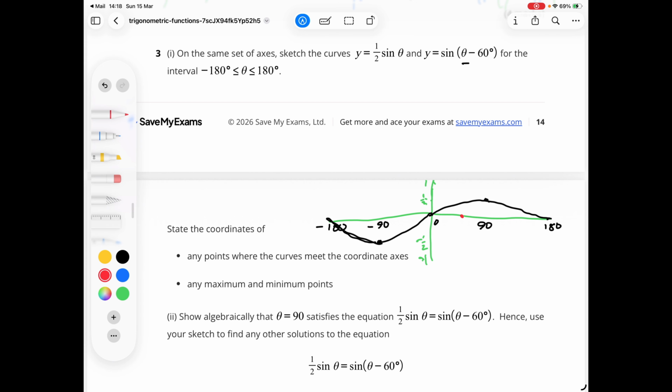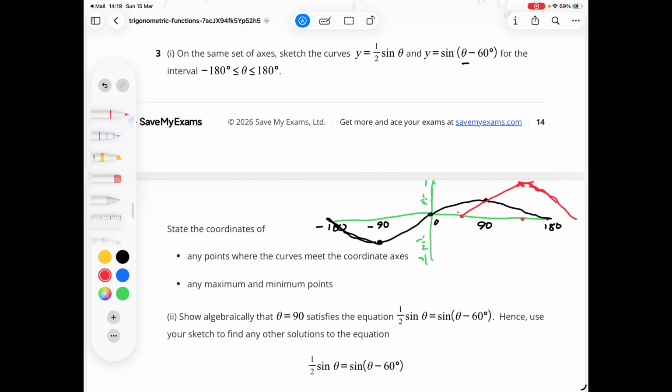And that means that when it's 1, it would normally be 90, but it's going to be 1 at 90 plus 60, which is 150, which is there-ish. So that's when it would be 1. And so that goes like that, and then I'll start going down again.